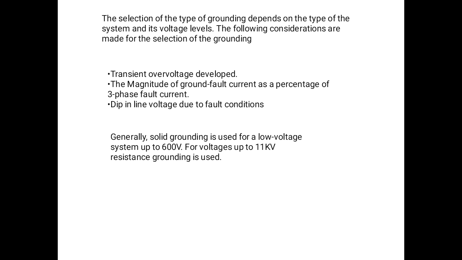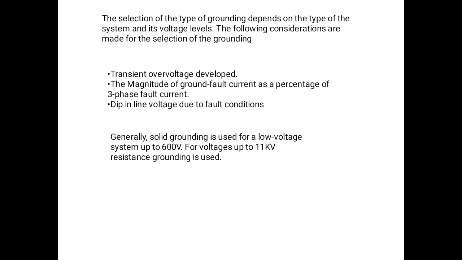Now, the selection of the type of grounding depends on the type of system and its voltage level. So the following considerations are made for the selection of the grounding. First is the transient overvoltage developed. Second, the magnitude of ground fault current as a percentage of the three-phase fault current.